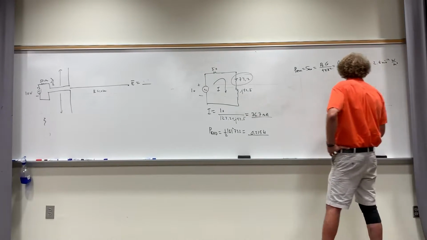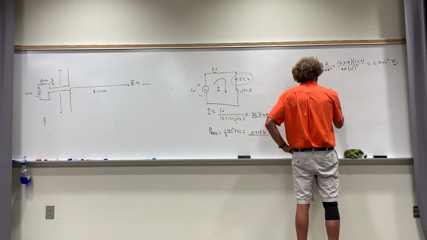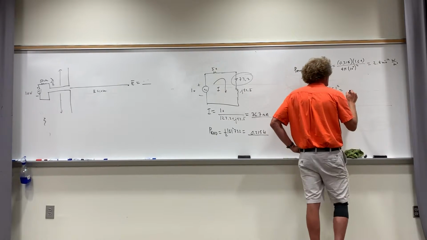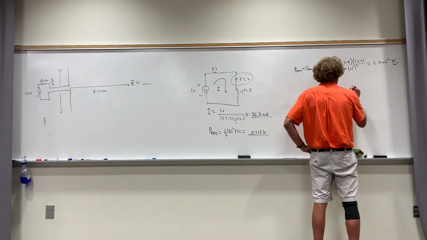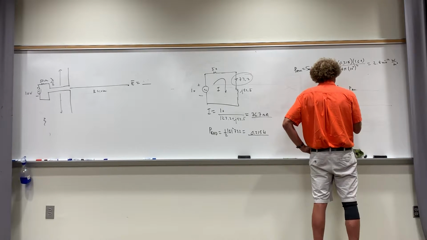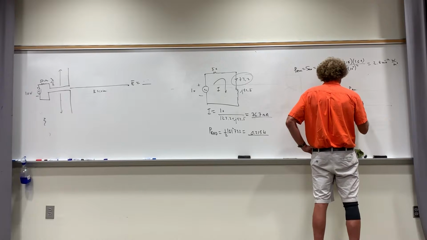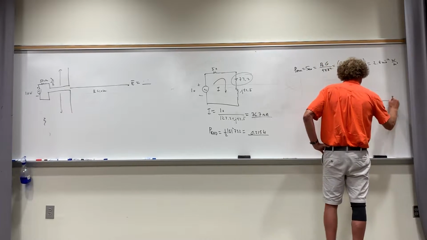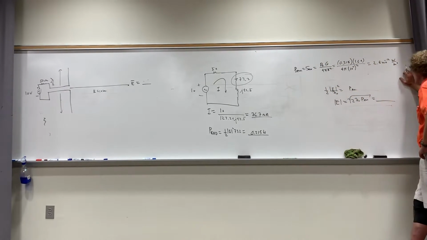So 1/2 times the magnitude of E squared over eta naught is equal to P av. That means the magnitude of E is the square root of 2 eta naught P av. And you can tell me what that is, because P av is that 2.8 times 10 to the minus 12.